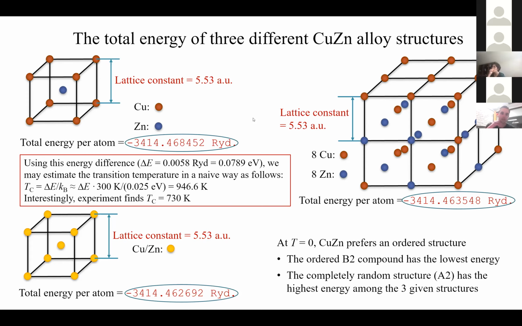I see. So then down here where you're approximating this transition temperature, are you trying to say that this energy is the Gibbs free energy or the Helmholtz free energy? Yeah, this estimate is a very naive way of estimating it. There's no entropy in it. This just really compares the enthalpy.